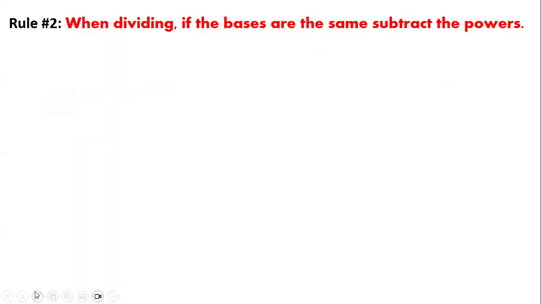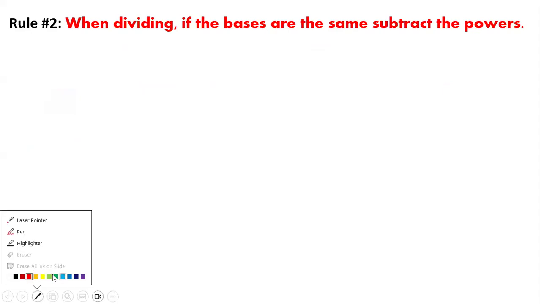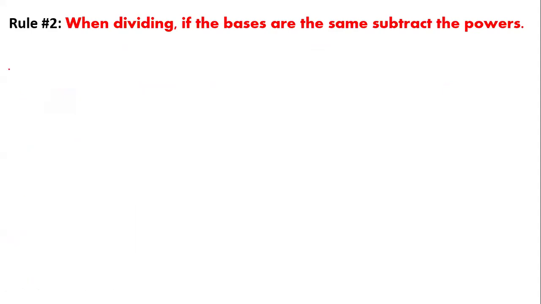So let's simplify. Number 1: let's say we have a to the power of 5 divided by a to the power of 3.